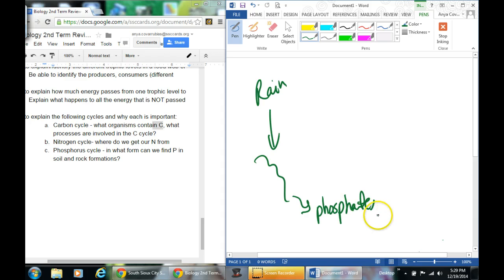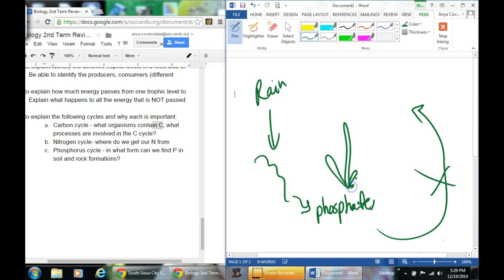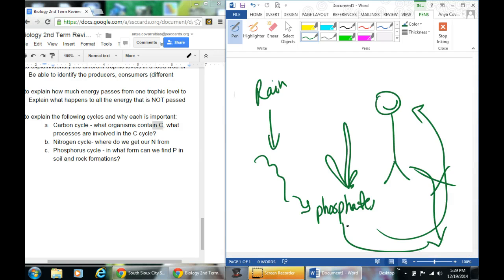The big thing here is phosphorus never goes back up into the atmosphere. It stays in the ground and in the soil, and it's used by plants, and then we eat the plants, and then when we die, the phosphorus goes back into the ground, and it's used by plants again. So it is a cycle, however it does not go into the atmosphere.